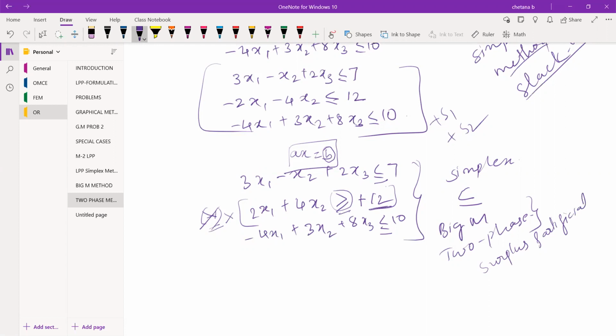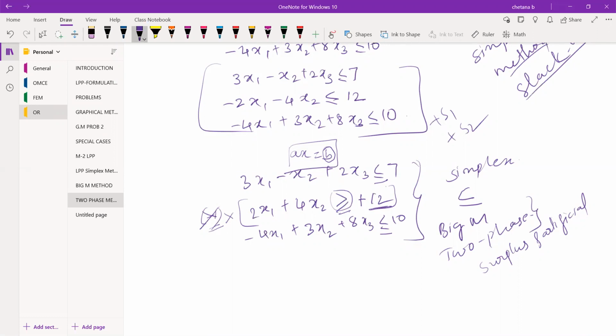Ma'am, if it is +12 in the simplex method, what should we do? With the greater than or equal to symbol and +12, in that case, you cannot solve that using the simplex method. You can just state that this cannot be solved using the simplex method. Using the next method, maybe the big M or the two-phase, we can solve this.